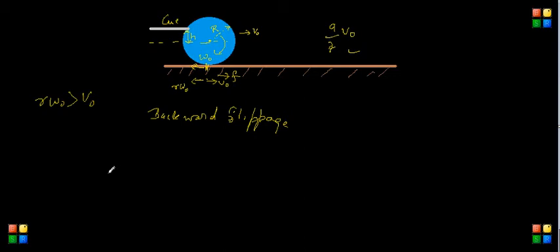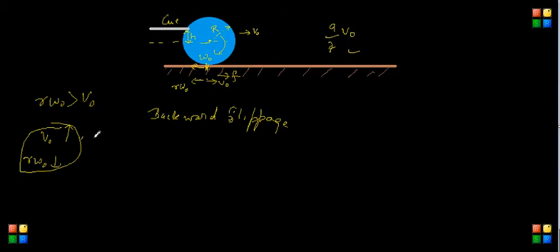So what is happening here? If you understand the concept now, why is this ball changing its velocity from v naught to 9 by 7 v naught, this is the frictional force which helps it do that, because it always wants pure rolling. Here friction is doing two things. It's trying to increase the v naught, and at the same time its tendency is to decrease the impact of r omega naught.